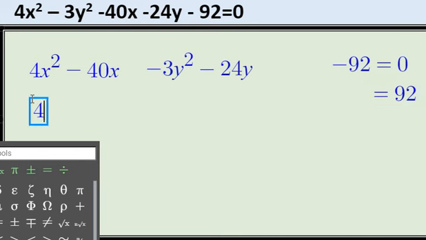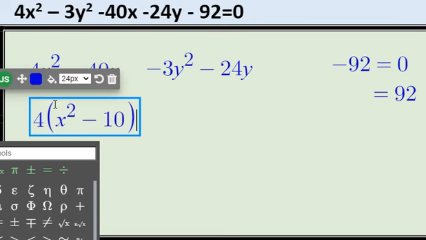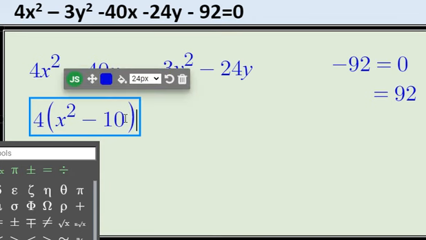Now over here with the 4x squared, I want to have x squared by itself. So I'm going to factor out the 4. And that leaves x squared minus 10x. I have to factor the 4 out of everything. Don't forget your variable, right?